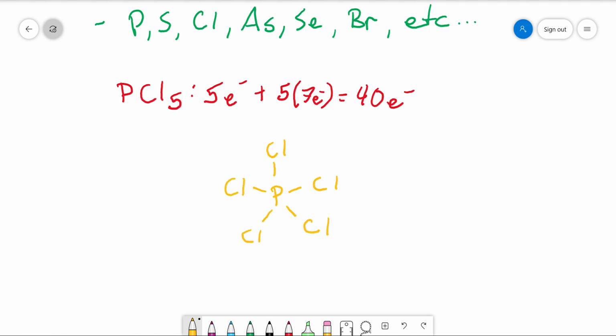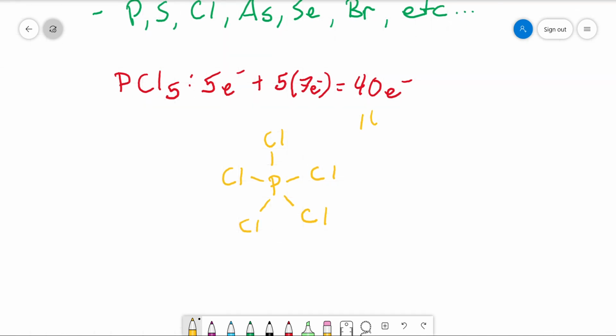And some of you might be saying, well, why don't we just bond 2 chlorines together? Because that's just not how the structure is. Okay. So we have 2, 4, 6, 8, 10 electrons used. So that leaves us with 30 to play with, to place around here, to finish out this structure.